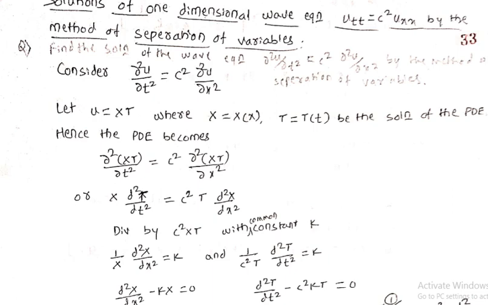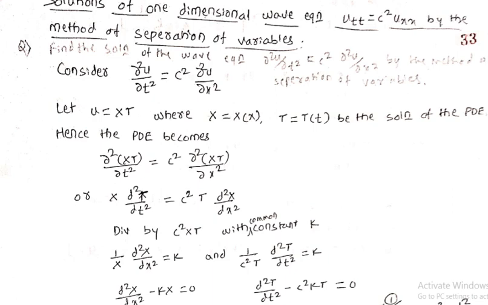These are the solutions of the partial differential equation. So now we substitute u equal to XT in the wave equation: dou square by dou t square of XT equals c square dou square by dou x square of XT.